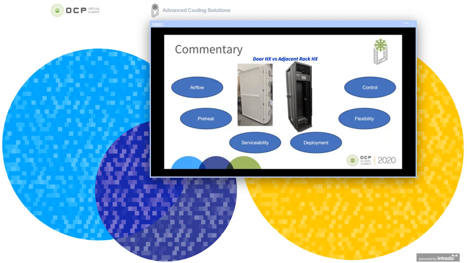Looking at the IT preheat point of view, in the rear door heat exchanger case, the coils will experience higher air temperature due to the IT preheat. That might stress the system to reach certain required water temperatures, while the adjacent rack cooler system does not have this challenge since it only ingests fresh air.